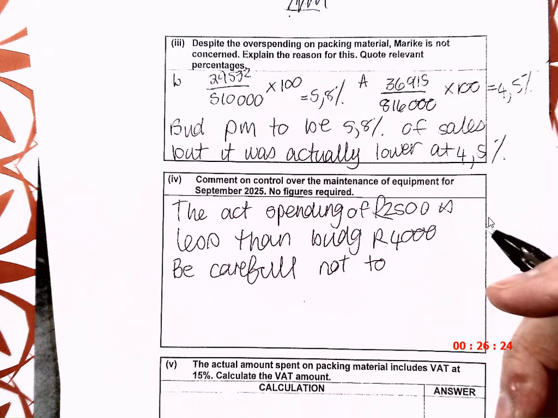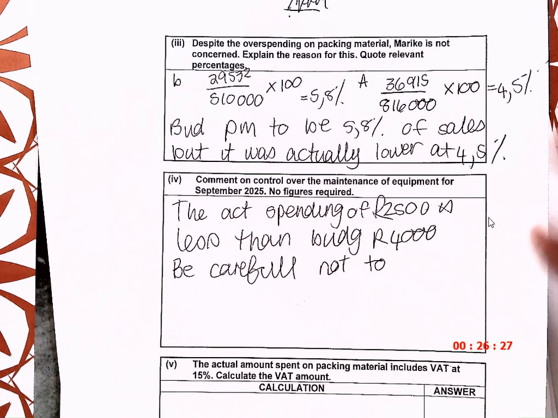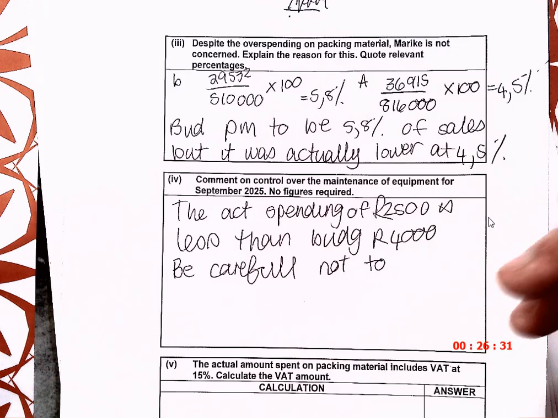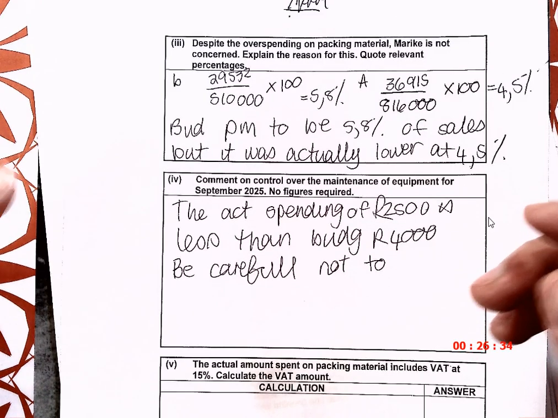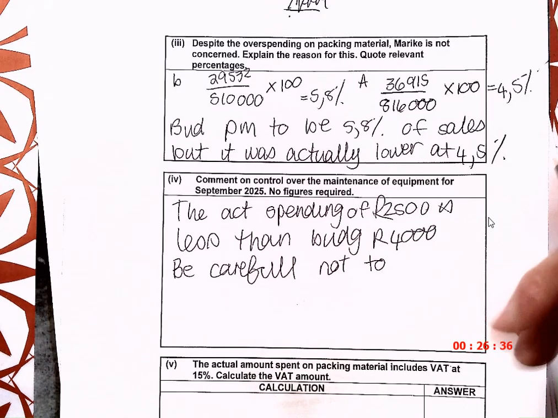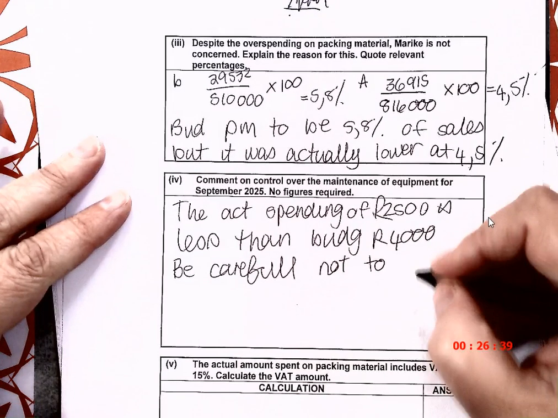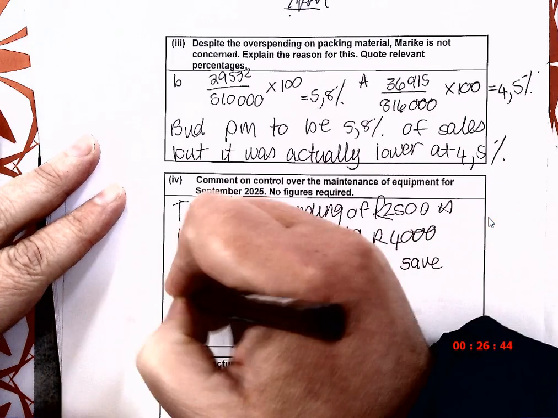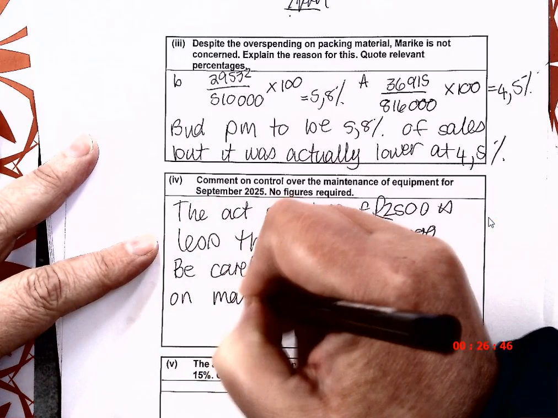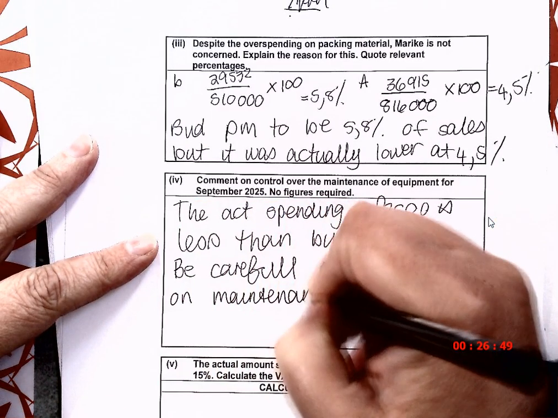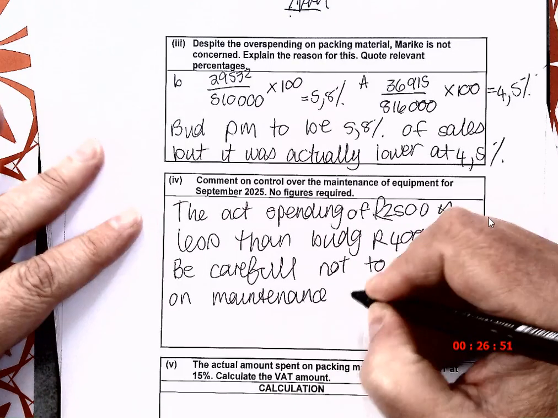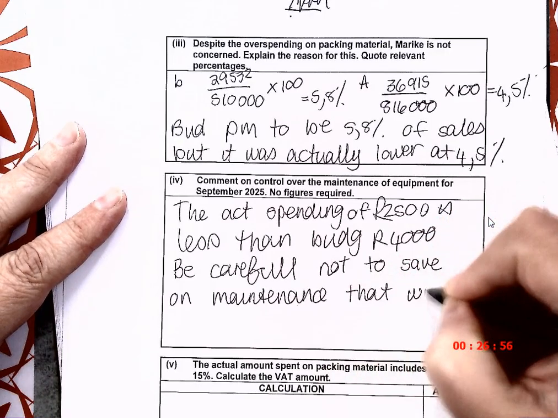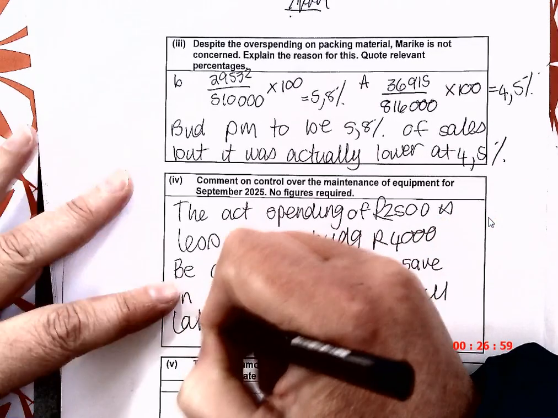Cheap out on maintenance. We have to sound academic. There won't be something like that in the test. Be careful not to save on maintenance that will later cost you more.